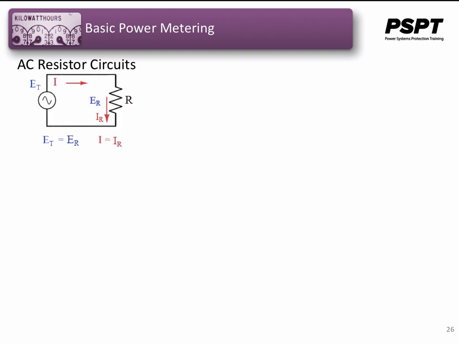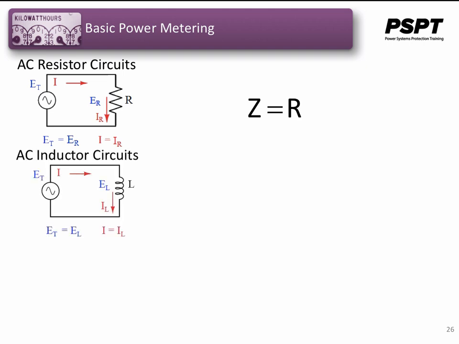Of course, a purely resistive load has no reactive component, and its impedance is simply the resistance of the resistor in ohms. In other words, the impedance of a resistor is equal to R. Since inductors drop voltage in proportion to the rate of change of the current, they will drop more voltage for faster changing currents and less voltage for slower changing currents.